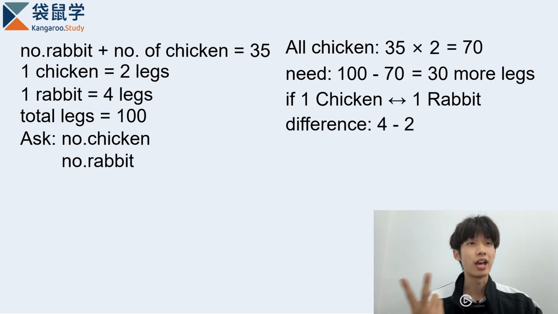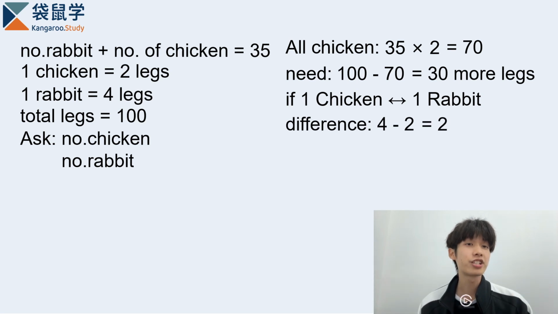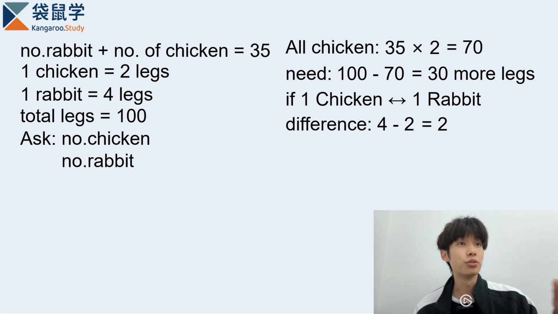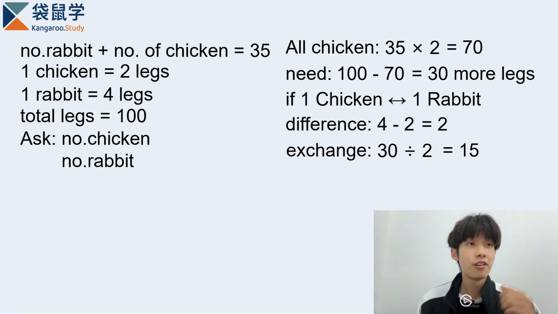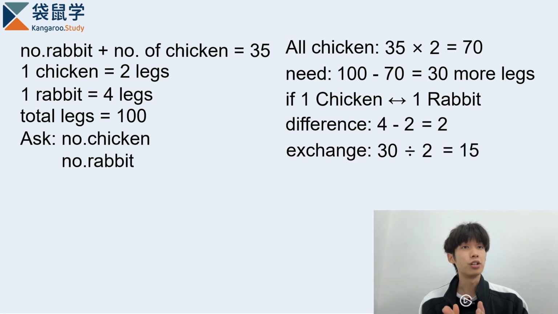So how many chickens do we need to exchange for rabbits in order to get 30 more legs? Think about this. Oh, we use 30 divided by 2, which gives us 15. So that means we need to replace 15 chickens with 15 rabbits.